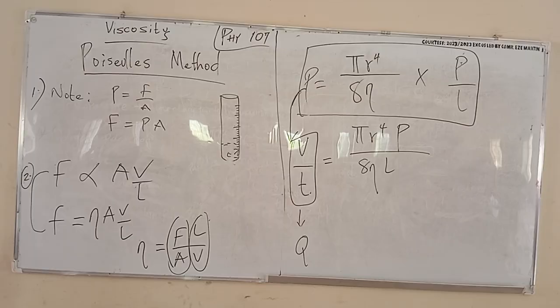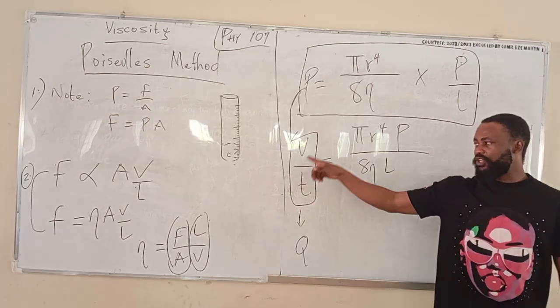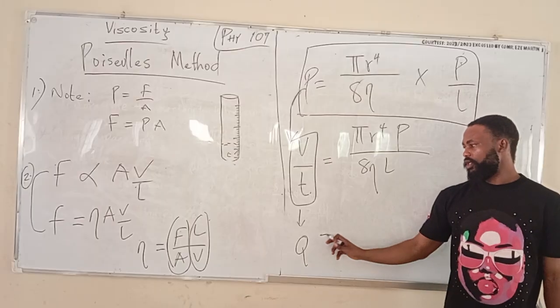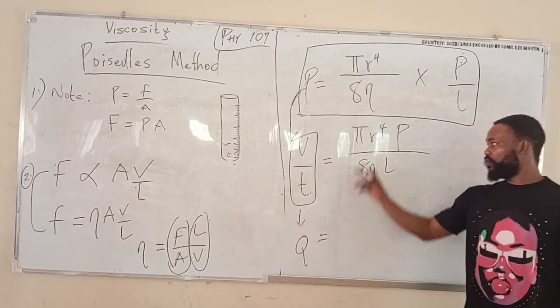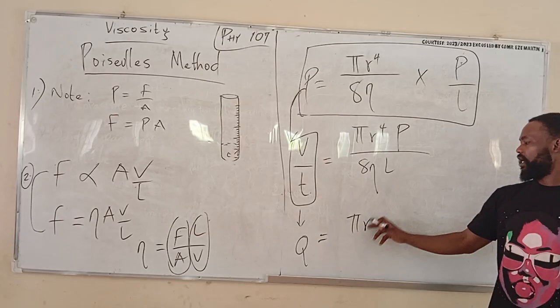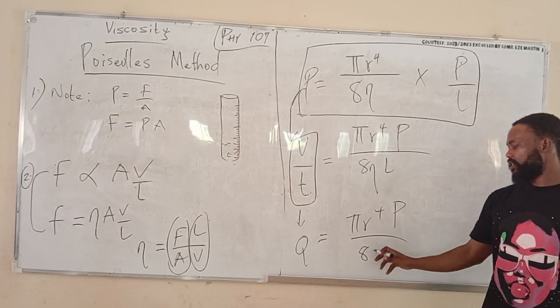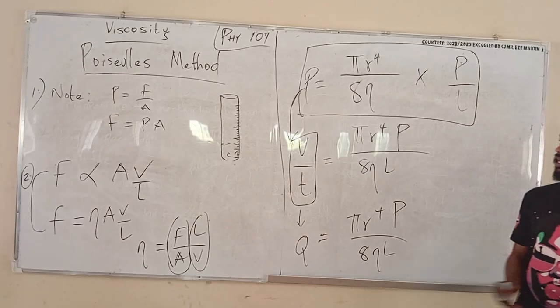If I put just V there, you will think it's just volume I'm talking about. So it's either I use V over T or I use Q. Q is the same thing as volume flow rate. So it's equal to pi R to the fourth times P, all over 8 times the coefficient of viscosity times L.